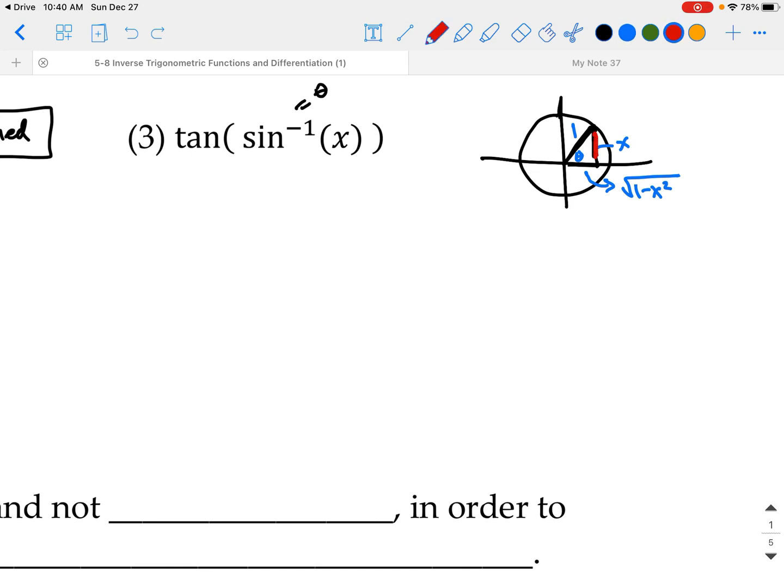Tangent is going to be the opposite side over the adjacent side. So we'll simply end up with x over rad 1 minus x squared. And this is actually going to be the tool that we use to prove our derivative rules. So this is a very important idea where you're composing a trig function with an inverse trig function or vice versa, and then interpreting.